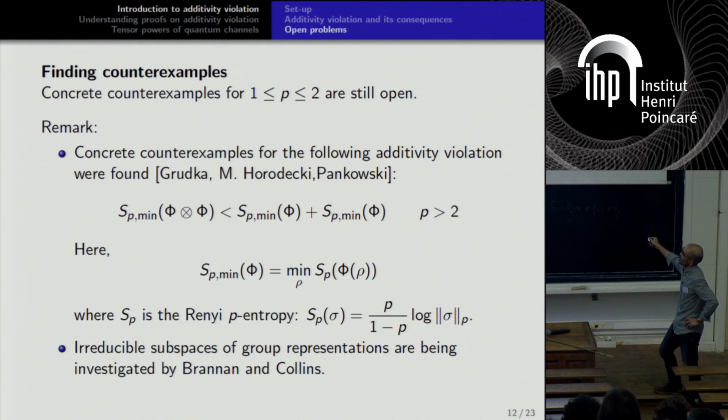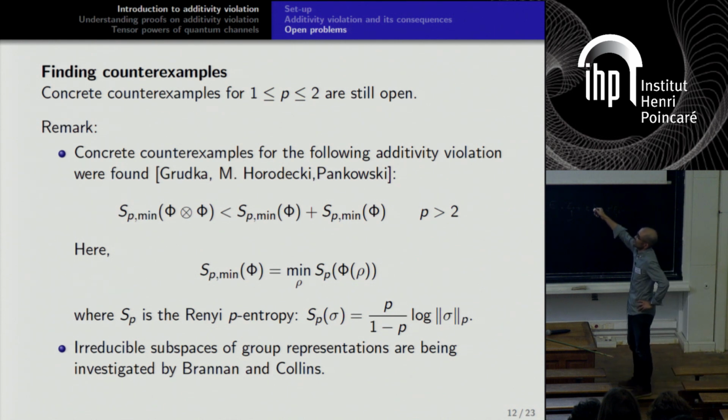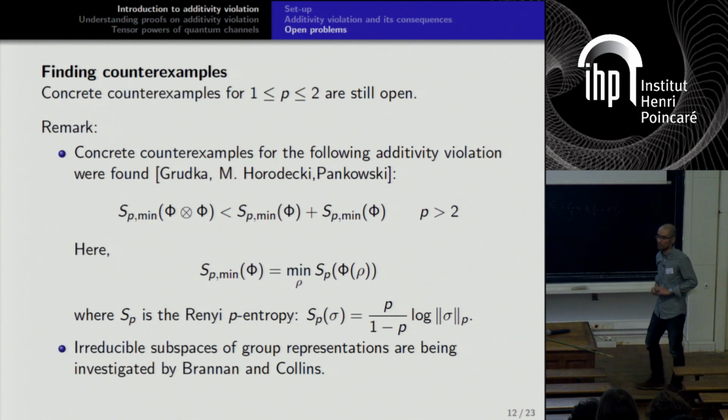If you take the limit p to 1, we get entropy. So this is a general version of the additivity problem. For p larger than 2, there are examples found by these people, but we don't know any concrete examples for p between 1 and 2. And p being 1 means that this is just the von Neumann entropy. Anyway, we don't have counterexamples. This is also an open problem.